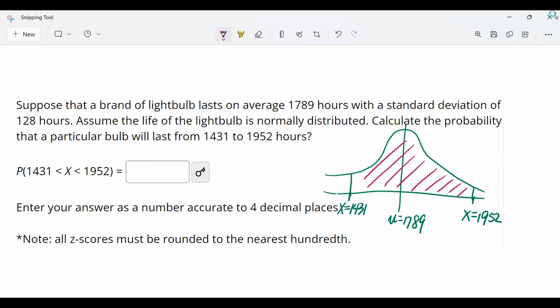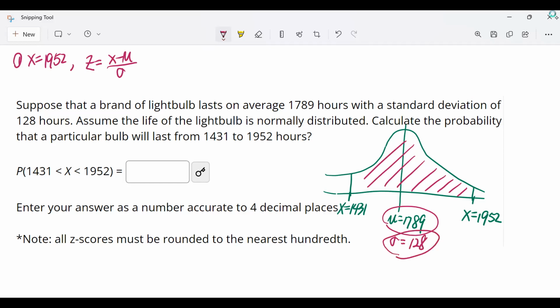First, we're going to convert the bigger value first. When x equals 1,952, we use the z-score formula, x minus mu over sigma, where mu and sigma are given. Mu is 1,789 and sigma is 128 hours.